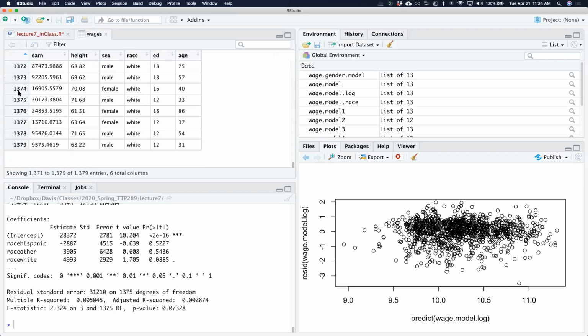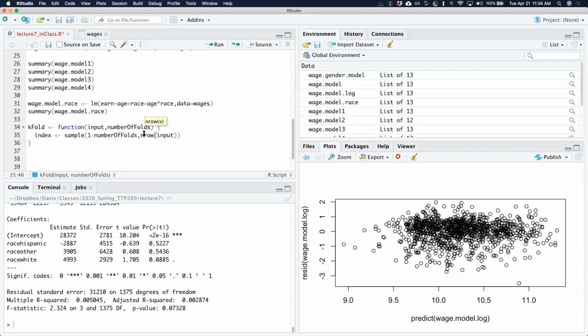My wage data set has 1,379 points, so it's going to draw the numbers 1, 2, 3, 4, 5 randomly out of the hat 1,379 times, obviously with replacement, otherwise you'd run out of numbers after 5 draws.